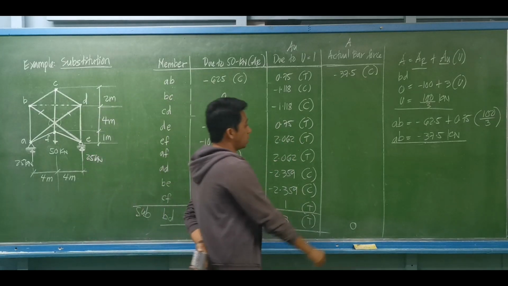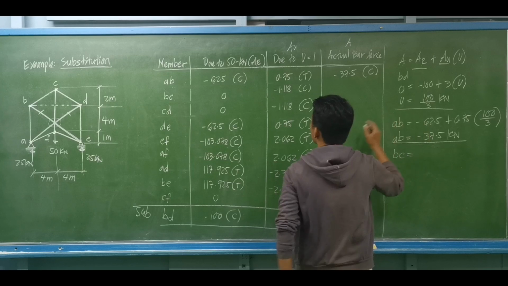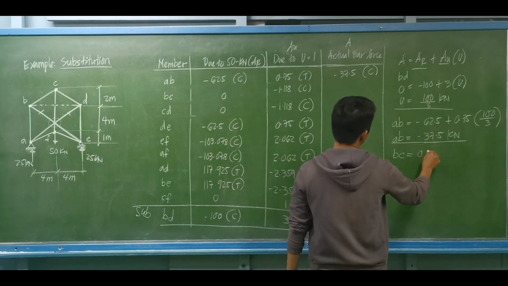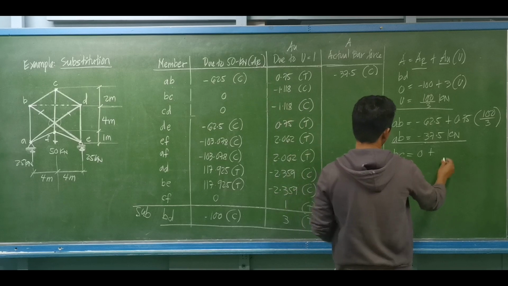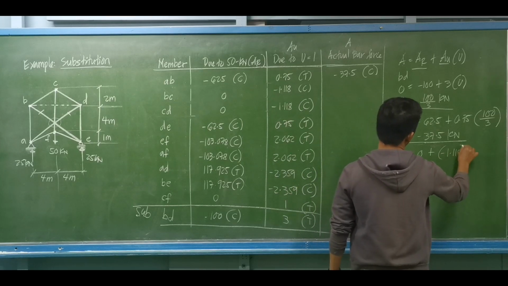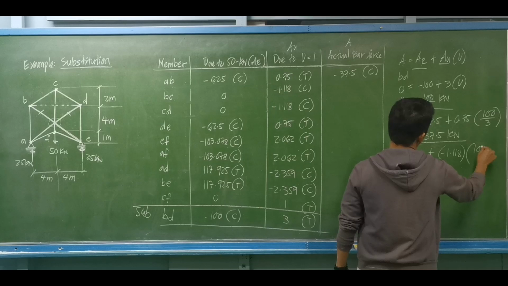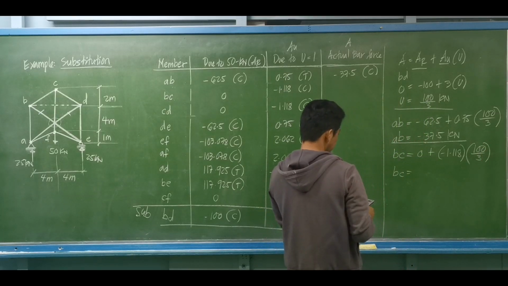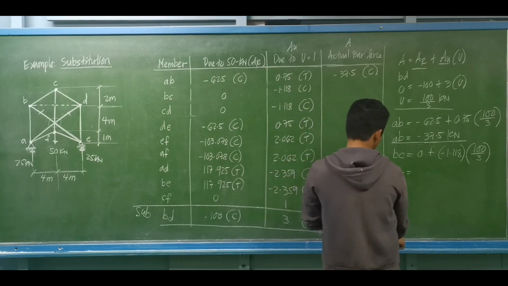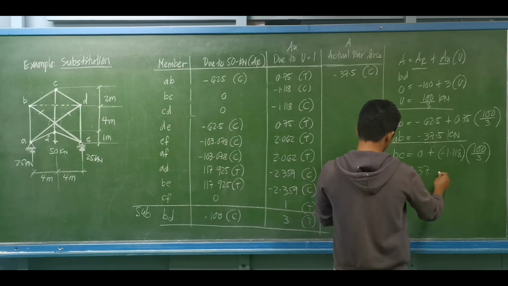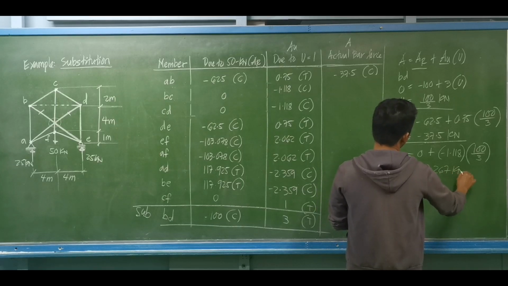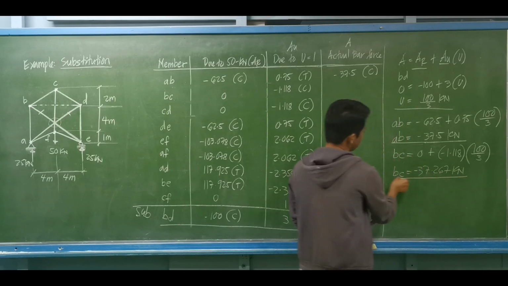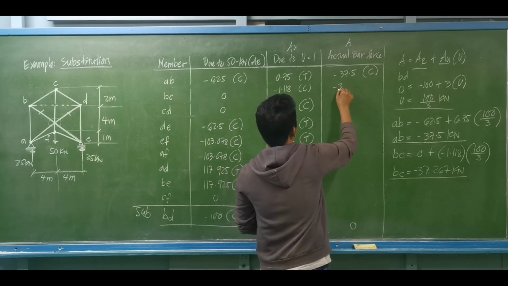If we want BC, what is A sub R for BC? That is 0 plus A sub U for BC, that is negative 1.118, multiplied by U, which is 100 divided by 3. So the value for member BC is 37.267 kilonewtons, and again, it is negative.